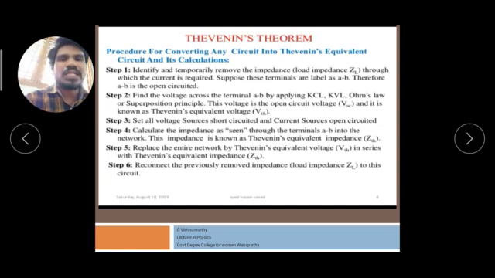Step 4, calculate the impedance, that is called ZTH, and replace the entire network by the Thevenin equivalent voltage as well as the Thevenin equivalent impedance ZTH. And again we will reconnect the removed load resistance across the AB terminal and then find the Thevenin current. So these 6 steps are involved in the Thevenin theorem.